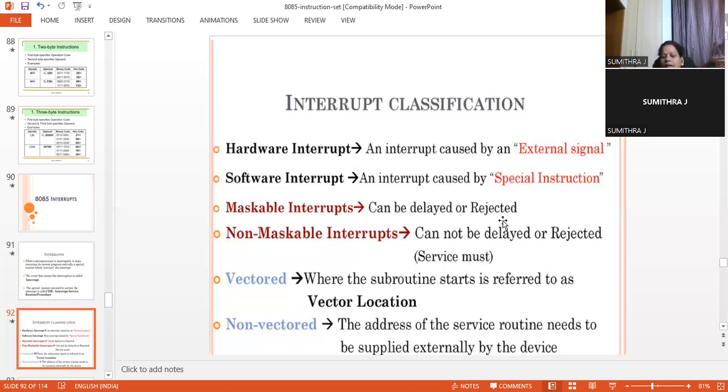It has to check the priority of the interrupt-causing devices, and it will handle the interrupts according to the priority. Only one interrupt can be handled by the processor at a time. So what about the remaining interrupts? They must be masked. Masked means either the processor can provide a delay for attending the interrupts, or in some cases it can have the ability to reject those interrupts if they are not necessary, right?